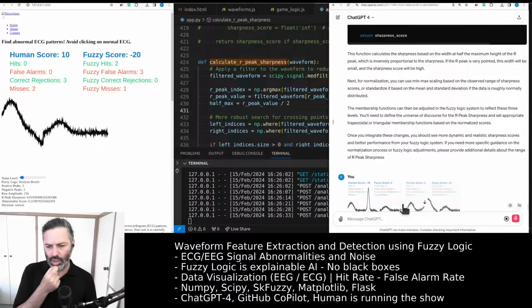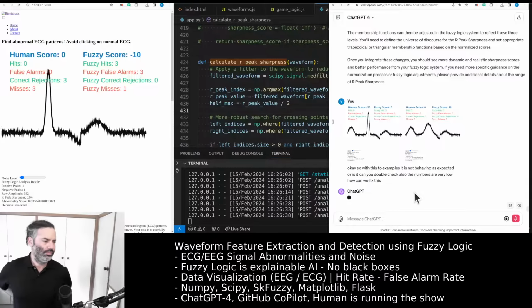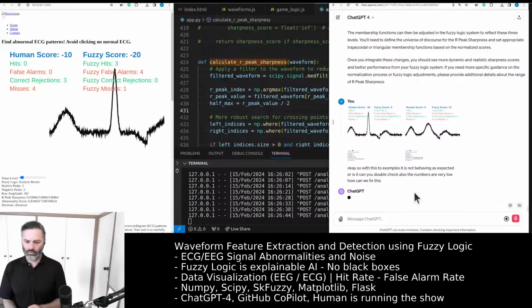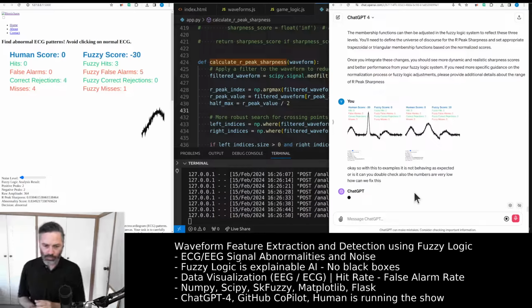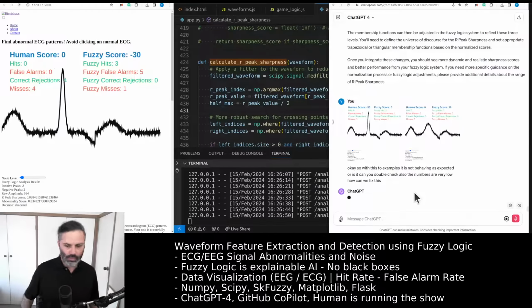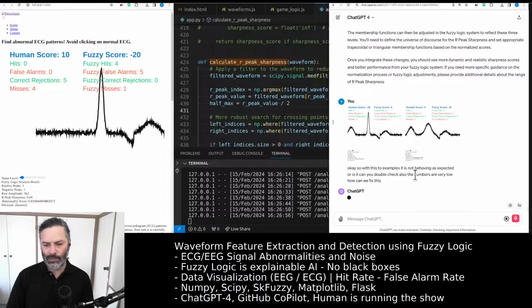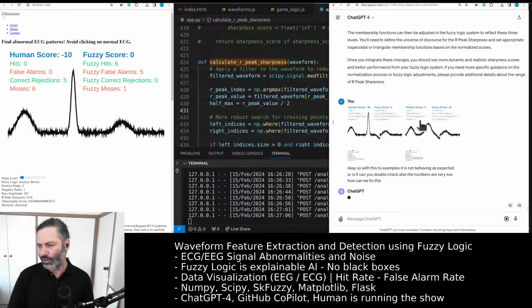Yeah, I think it's broken. Yeah, that's another thing you cannot do in GitHub Copilot, can you?